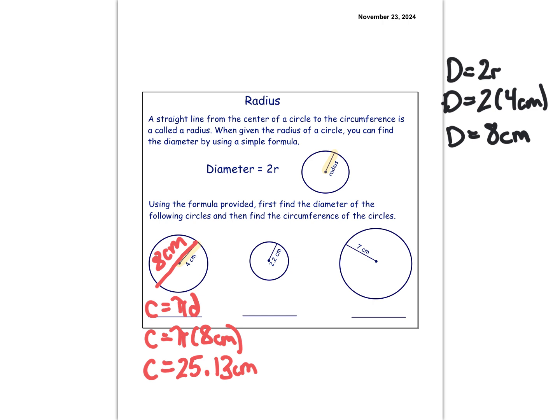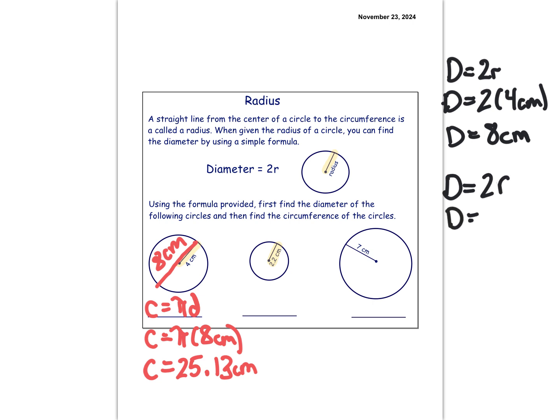This next one, we have a radius of 2.2 centimeters. So I'm going to come to the side: D equals 2R, and I don't even need to put it in brackets here.